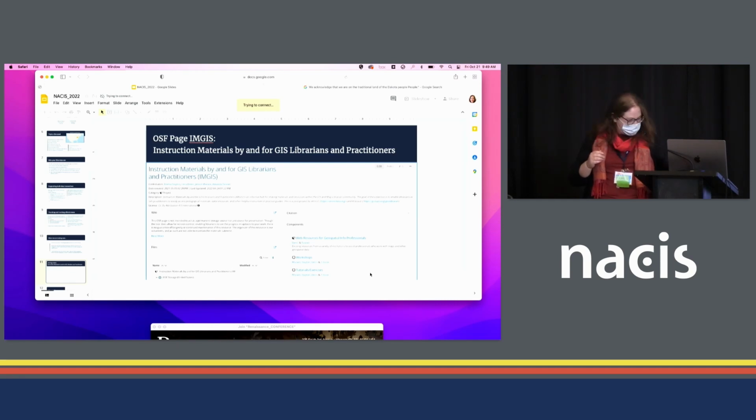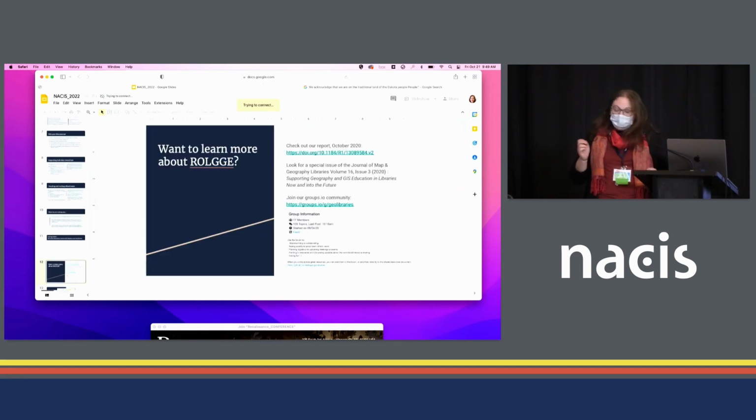If you want to learn more about our group, we do have a meeting once a month, which you're more than welcome to join. We're mainly getting in touch with librarians, so if you are eager to learn more about how you can best use our services or how we can best support your work, please come out.